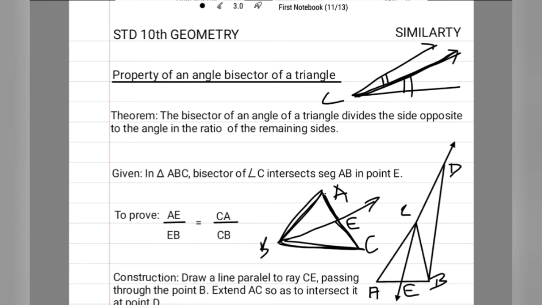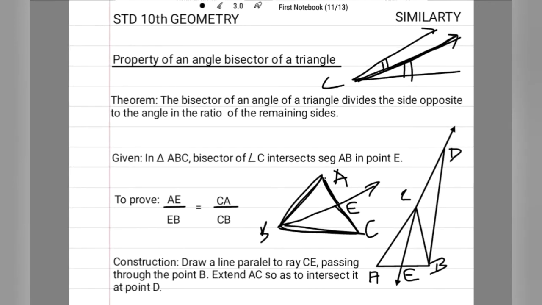Now for this proof, we have a second triangle here. So we will consider that triangle, that is the triangle ABC. Now according to the given statement, the bisector of angle C here intersects the side AB at point E. So what we have to prove is AE upon EB is equal to CA upon CB.